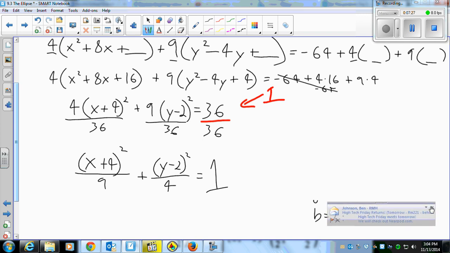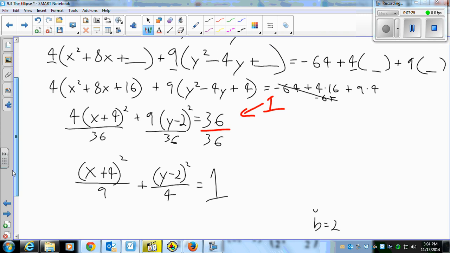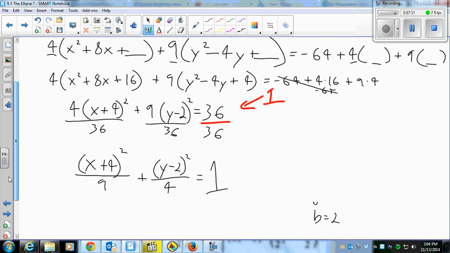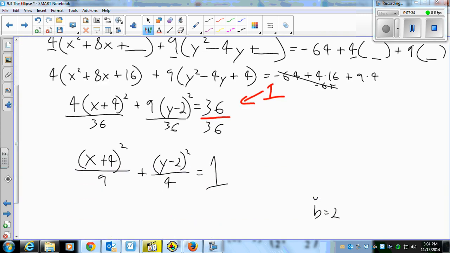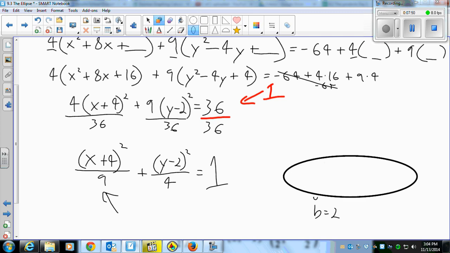So from this, I need to understand how to find different values. So I'm going to have a basic graph that I want to start here. Noticing that my largest term, 9, in my denominator is with my x, that means I'm going to have an ellipse somewhat like that.